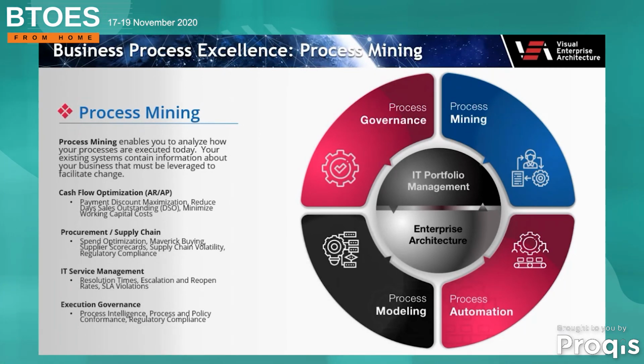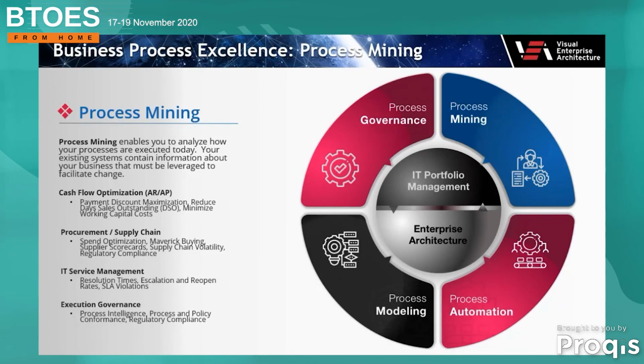Things like payment discount maximization, reducing the amount of days outstanding for sales, reducing working capital requirements, optimizing your spend, removing maverick buying, ensuring that you have proper management of escalation and reopen rates, resolution times, and addressing vendor SLA violations.